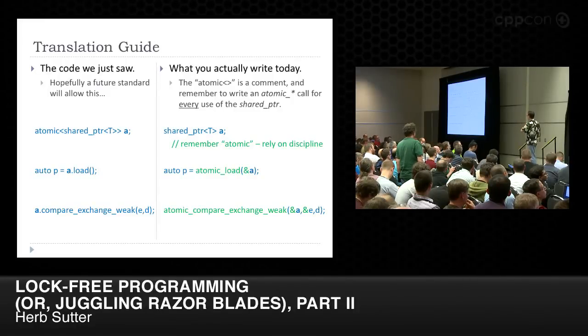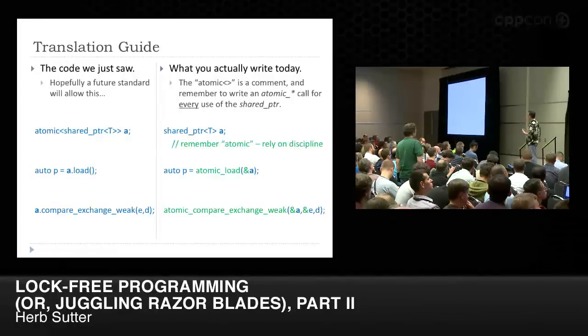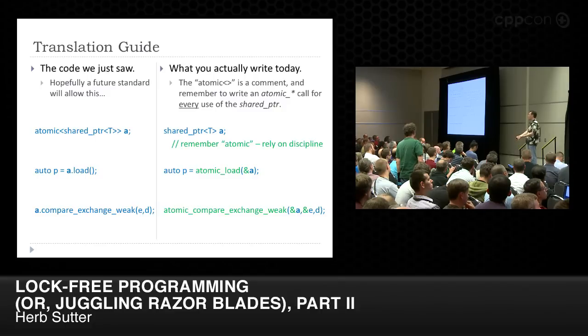And furthermore, more importantly to me, the code on the left is more correct, because you just say atomic on my shared pointer, and you don't have to remember on every use of the atomic to make sure you say the right incantation. So come up afterwards if that didn't answer your question. But it is safe. You just have to use the free functions for now.